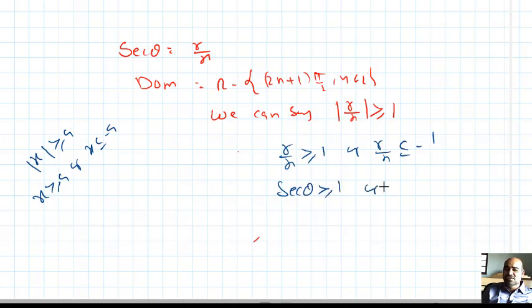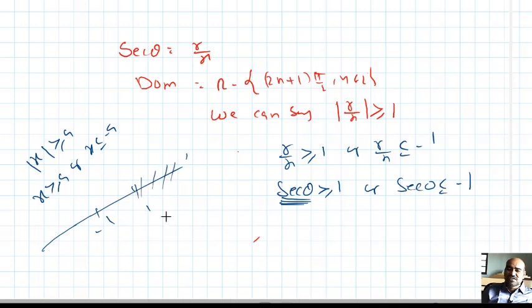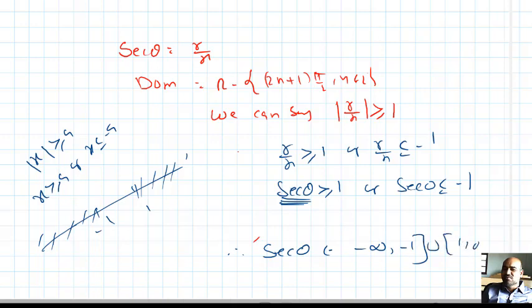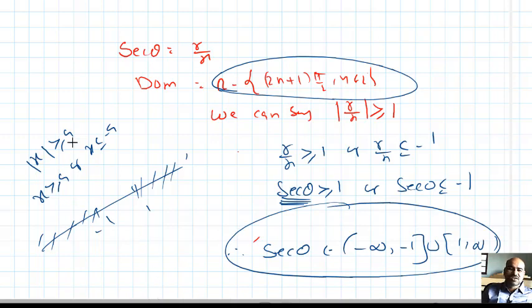Secant theta is greater than or equal to 1 or secant theta is less than or equal to minus 1. The meaning is that the secant value is 1 or more than 1 up to infinity, or minus 1 or less than minus 1. Take a number line. That is why I can say that secant theta belongs to minus infinity to minus 1 union 1 to infinity. So this is the domain of the secant function, this is the range of the secant function.